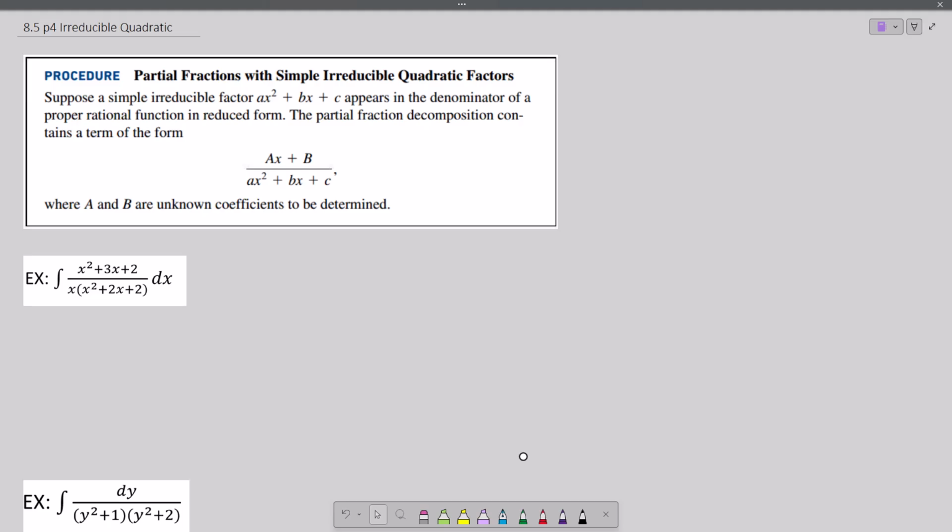Can anybody tell me, if you're looking at this, how do you know whether it's factorable or not? How do you know whether that is irreducible or not irreducible? Is there a way you can discriminate?